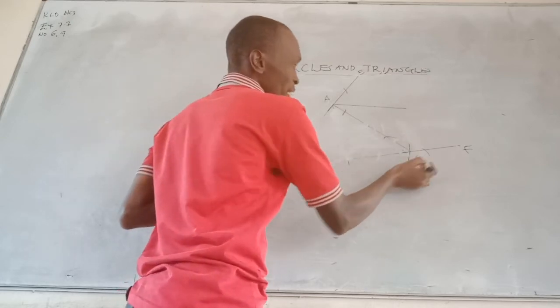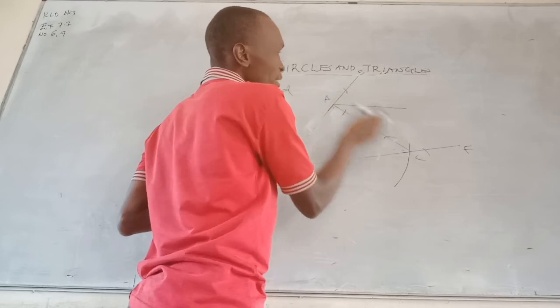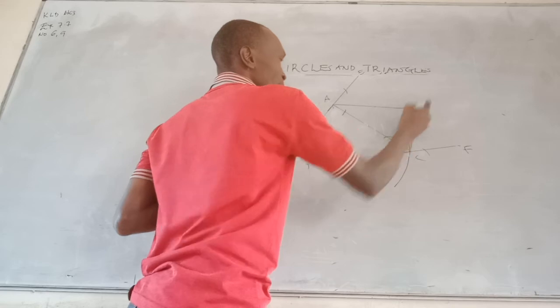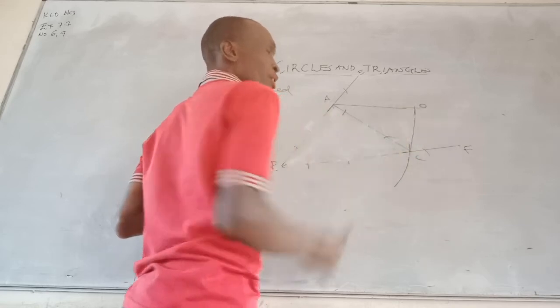Then you also bisect angle ACF, so that you have your bisecting line like that. So they will meet at a point, say O.